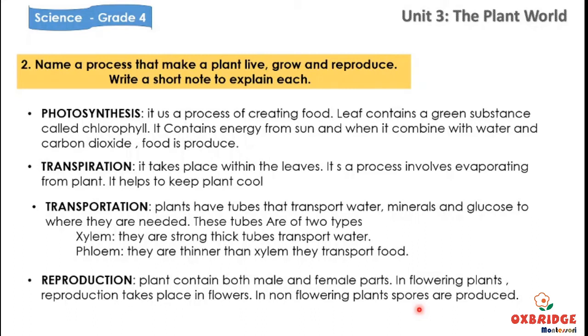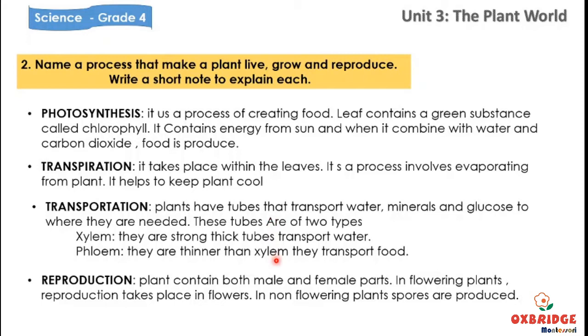So, photosynthesis is used to create food. Transpiration is used to evaporate water from the aerial parts of the plant. It also cools down the plant. Transportation involves transportation of water and minerals and glucose.